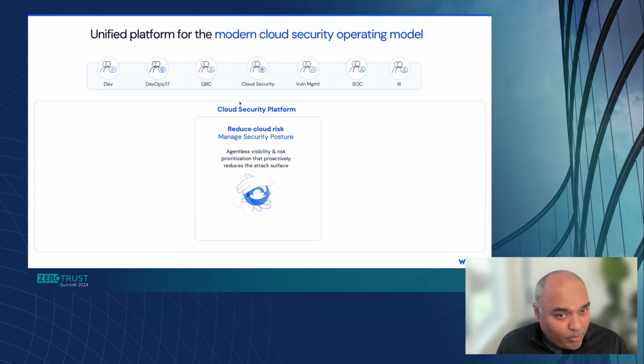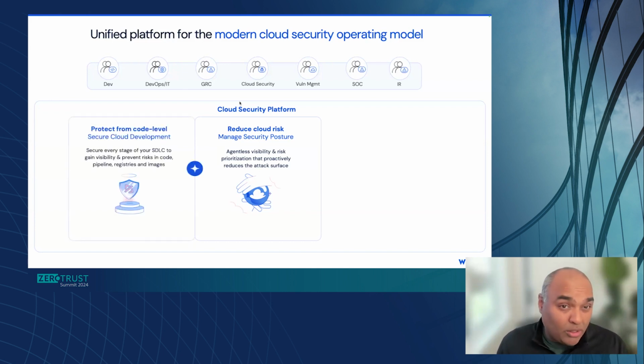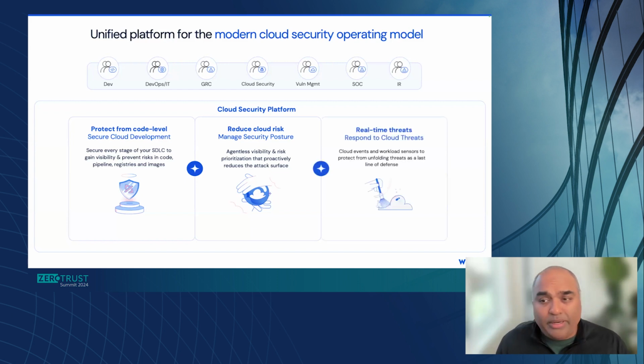But from that point, we also need to make sure that security is ingrained in the first bits of code that are written in your developer pipeline, all the way up to production. And on the right, we need to make sure that real-time threats are detected and the organization is able to respond to cloud threats as they emerge.